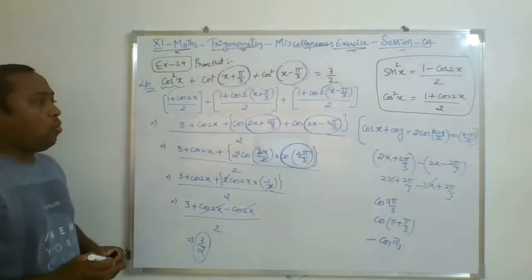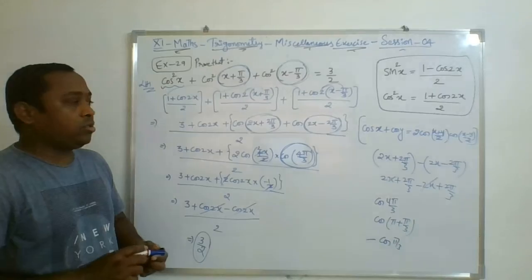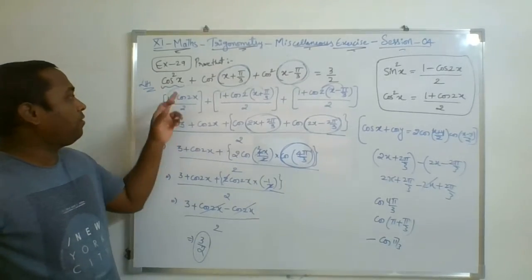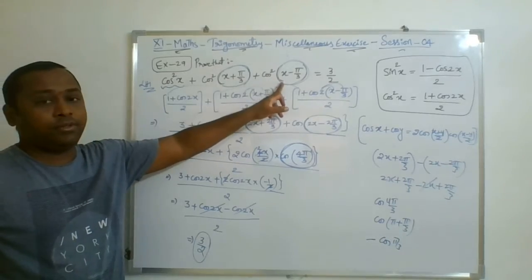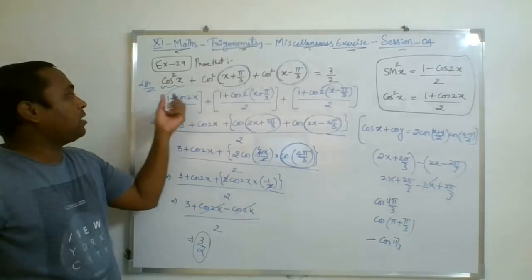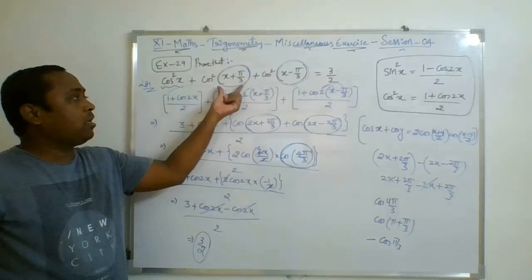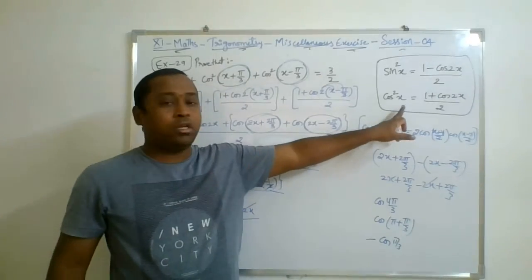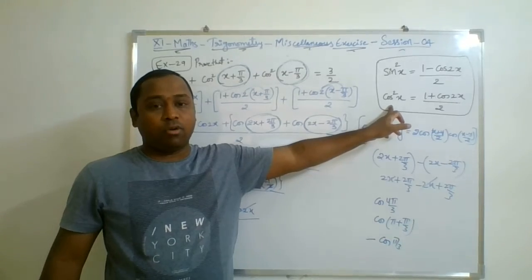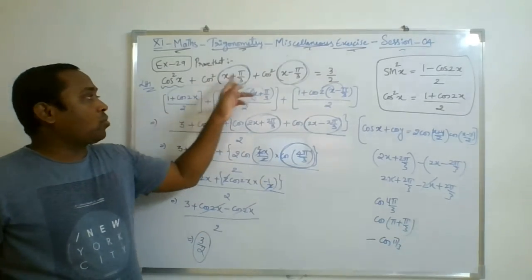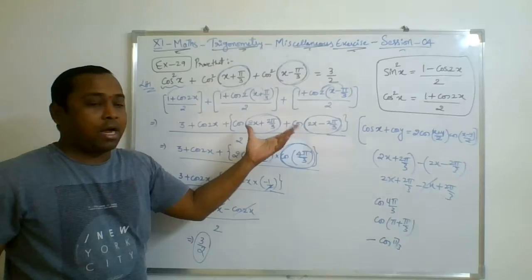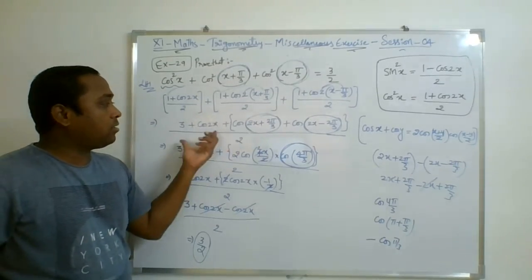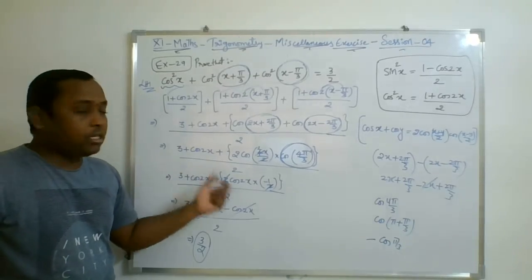See, we have used only two formulas in the question. In all the three parts, the terms are in the form of cos square theta, cos square theta, cos square theta. So I have used the cos square theta formula once in all the three parts, with 2 as an LCM, and then I have just grouped the like terms.